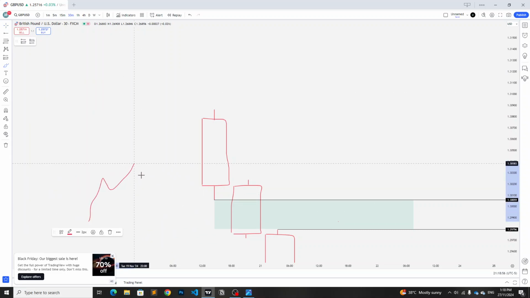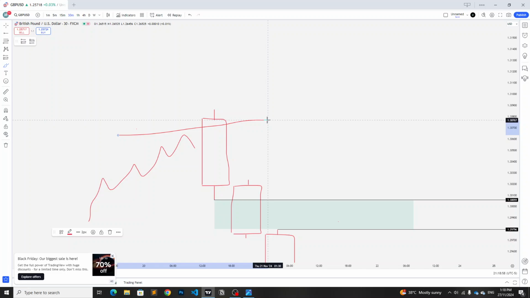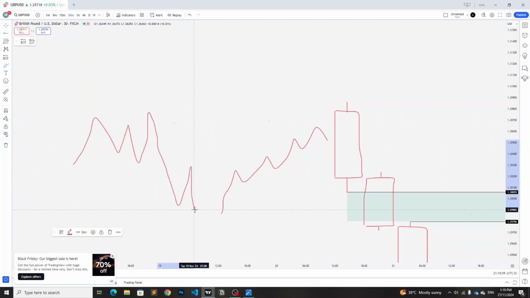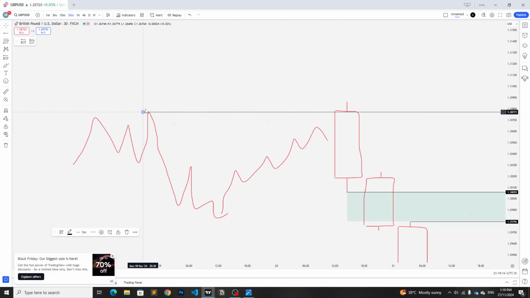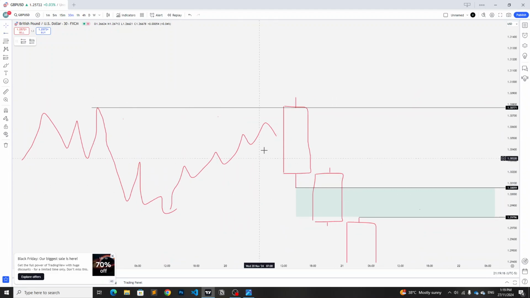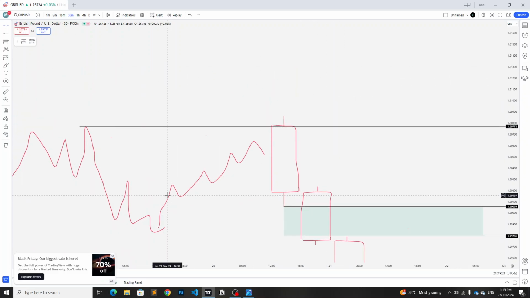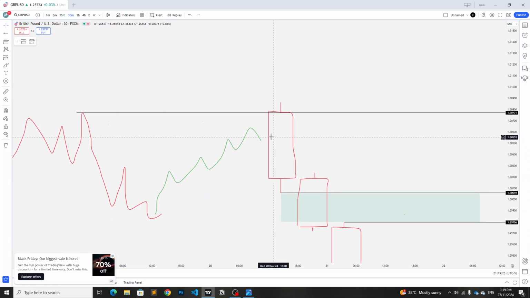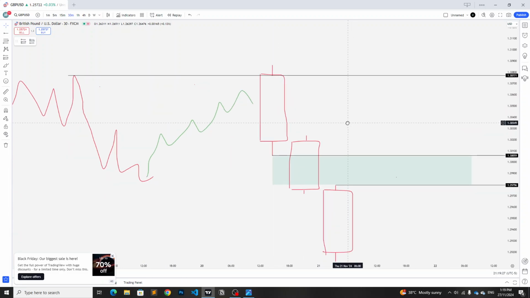Likewise, imagine the price was here, and there was a high right here. That was a very prominent high. Imagine the price sweeps the liquidity of the high and goes down.